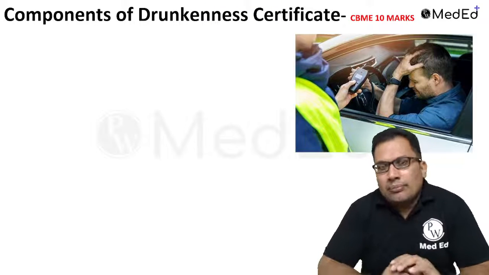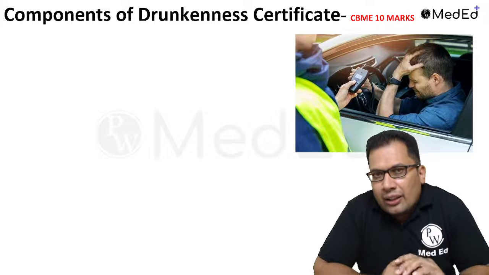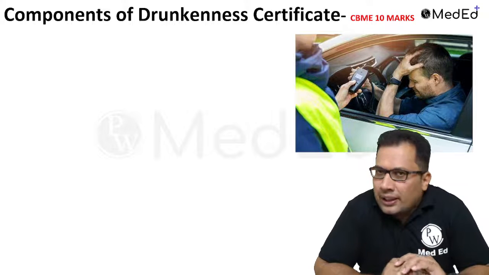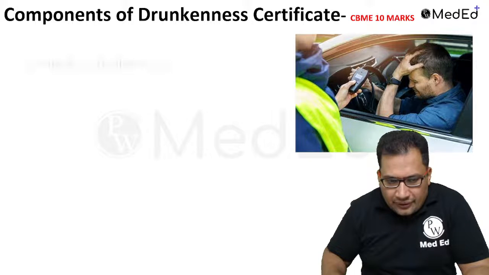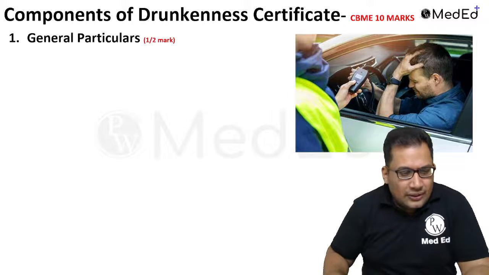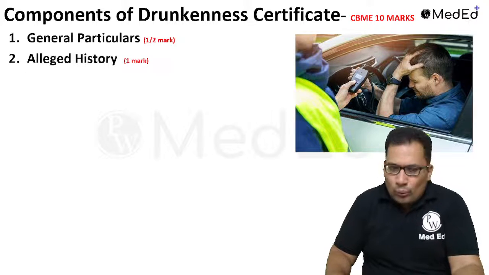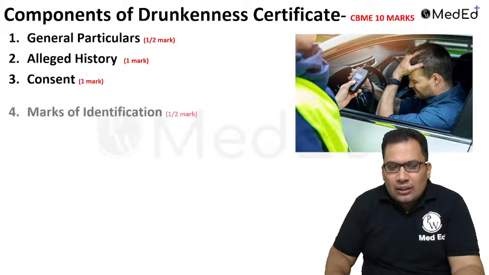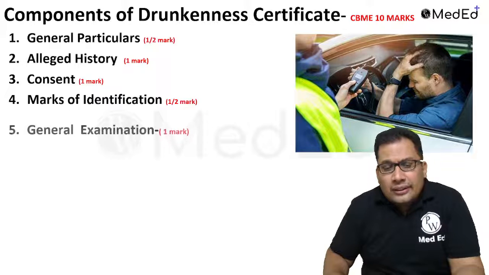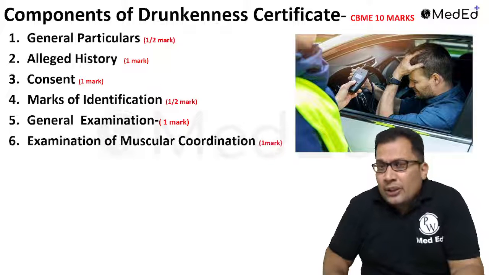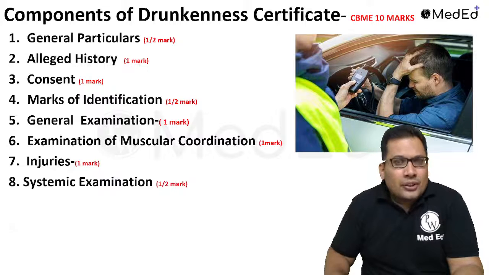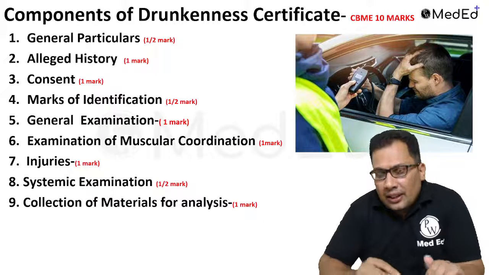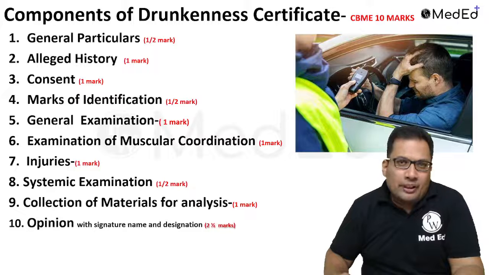As per CBME curriculum, drunkenness certificate carries 10 marks in your practical exam. The marks are divided like this: general particulars half mark, alleged history around 1 mark, consent 1 mark, marks of identification, general examination, examination of muscle coordination, injuries, systemic examination, collection of materials for the analysis, and the opinion.